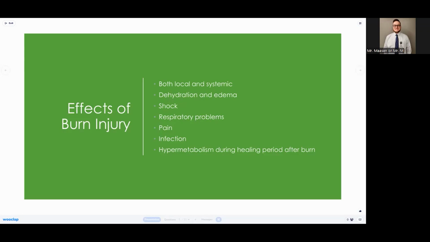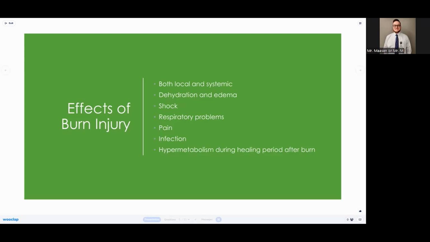And then also, infection is going to cause a septic shock, because if infection makes its way into the skin, it's much easier now with the burns that it's going to end up in the bloodstream, and that can make its way around the whole body, and that's called sepsis, and that's a bad deal. So of the serious issues, the most common is probably the dehydration, edema, and overall fluid shifting. But what you need to think about is definitely infection. That's your biggest concern with someone that has burn injuries.